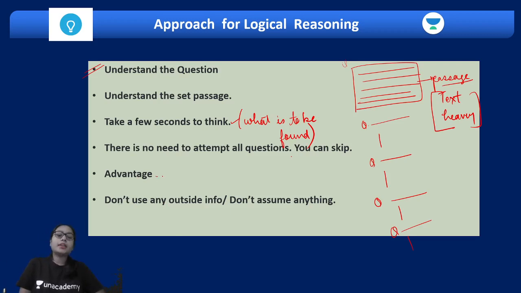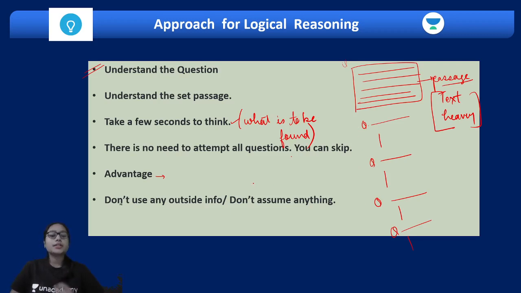Now, an advantage of logical reasoning and DI section is that there is a set given to you. If you read the set and understand it completely, and you're able to make the arrangement or the diagram or anything that is asked, then you will be able to answer all the questions, right? So if you solve one set, you will be able to solve the 4 or 5 questions that follow it in one go.